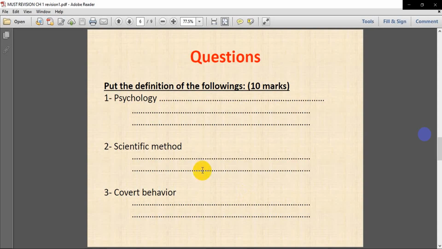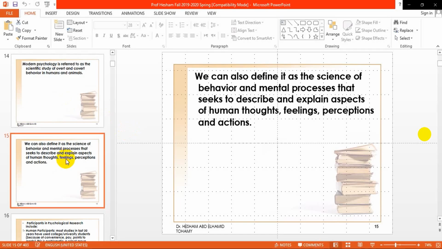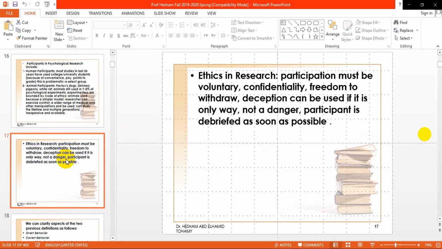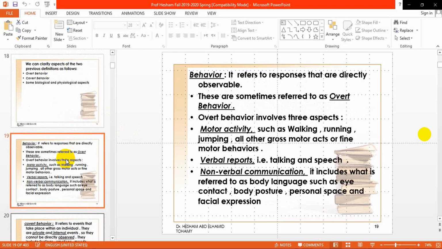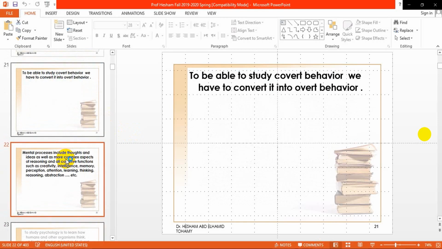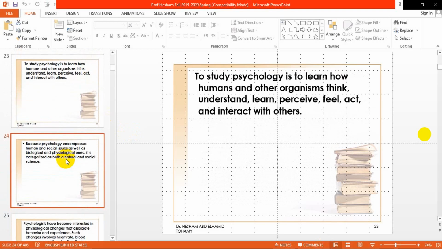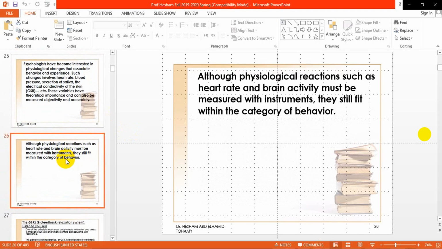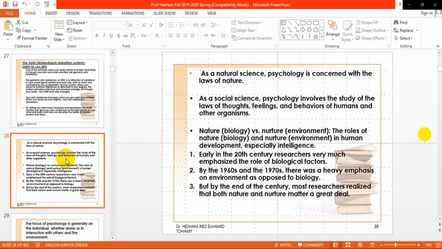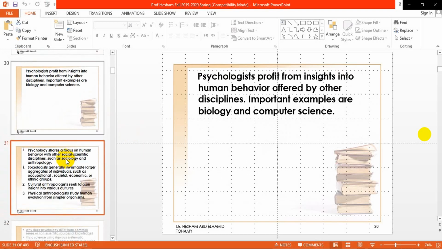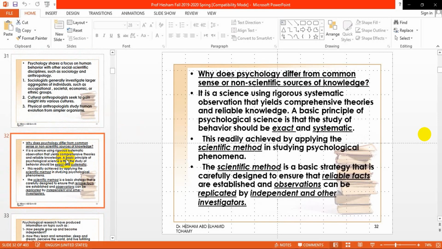What about the scientific method? Look at this slide to figure out the definition of scientific method. This is the definition of scientific method.